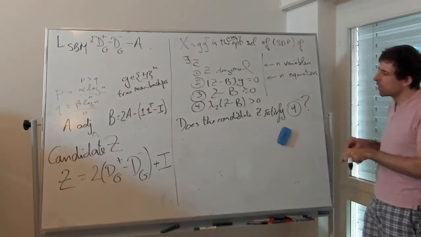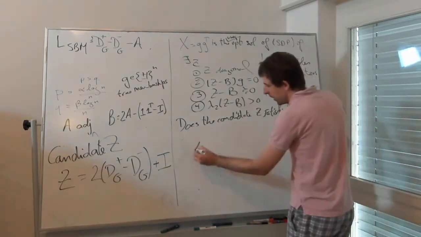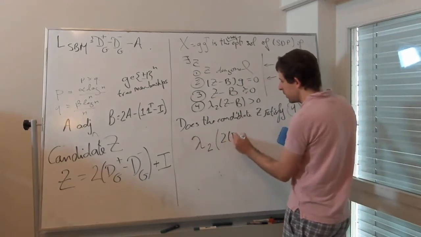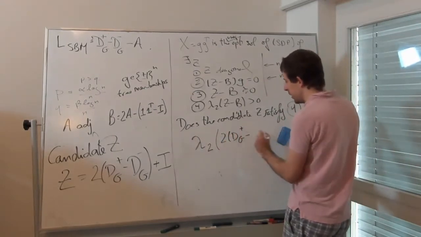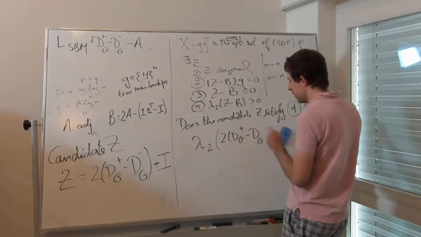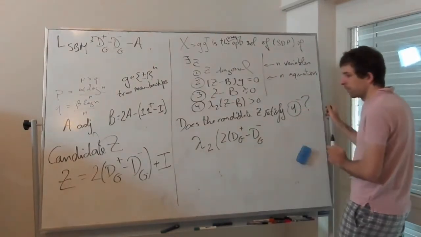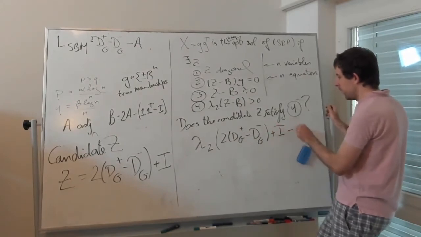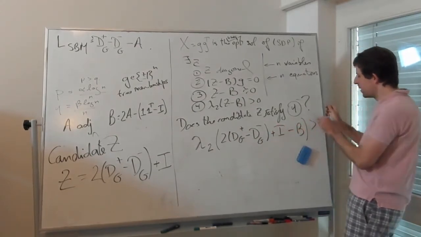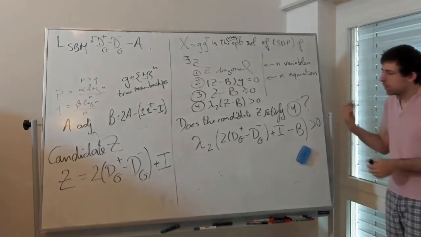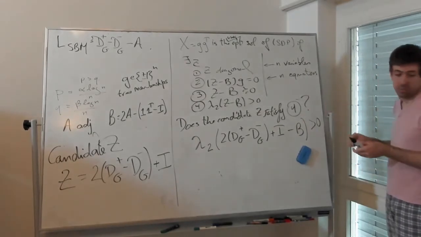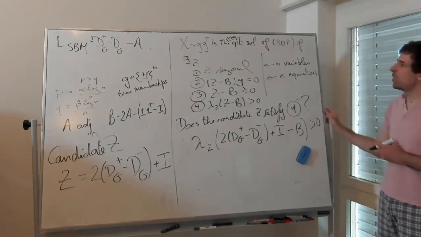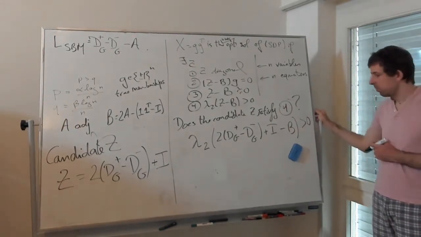In particular, we just have to ask ourselves, does lambda 2 of, let's write out this matrix, DG plus minus DG minus plus identity minus B, is this bigger than 0? This is the question we have to ask ourselves. And if this is the case, then we know that g g transpose is the optimal solution of the SDP.